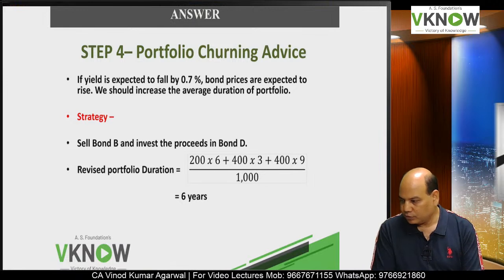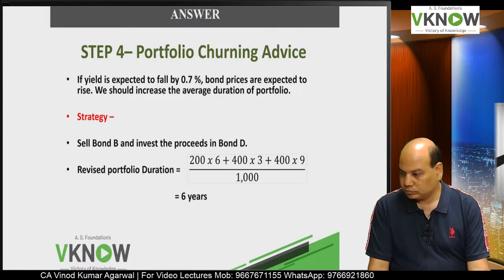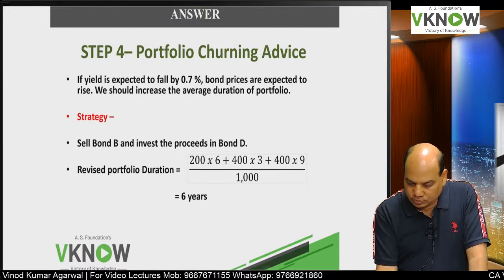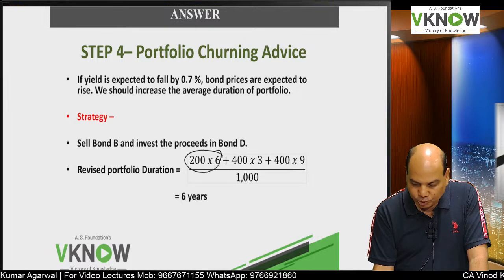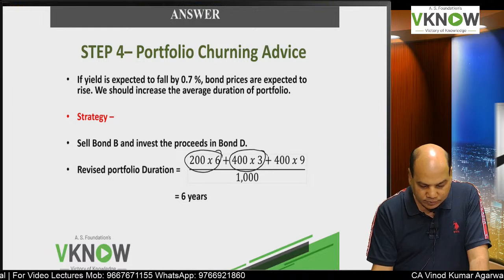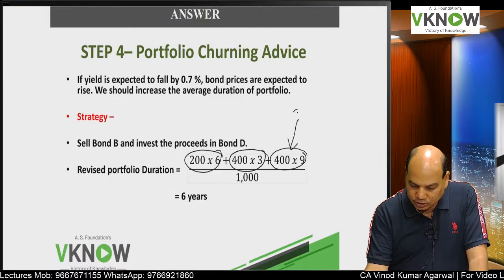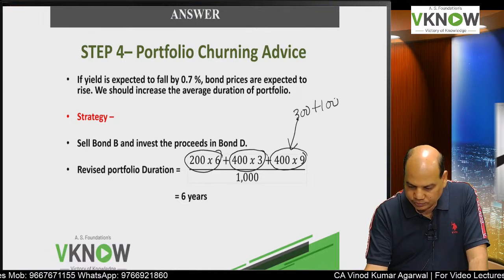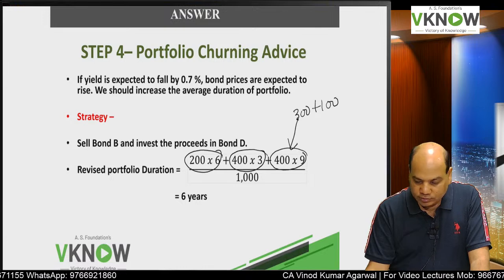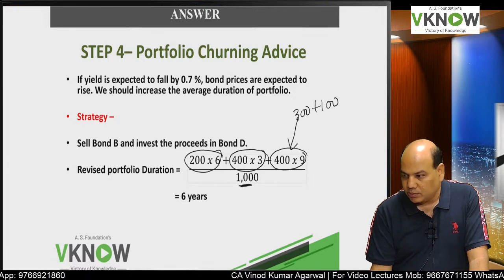So what will be my revised portfolio duration? My revised portfolio duration will be equal to 200 into 6, that will not change. This is bond A. Bond B will not be there. Bond C, 400 into 3 will be there. And bond D will now have 300 plus 100. 300 amount realized from selling bond B and 100 is already there in bond D. So 400, and my total investment will be same, 1000.